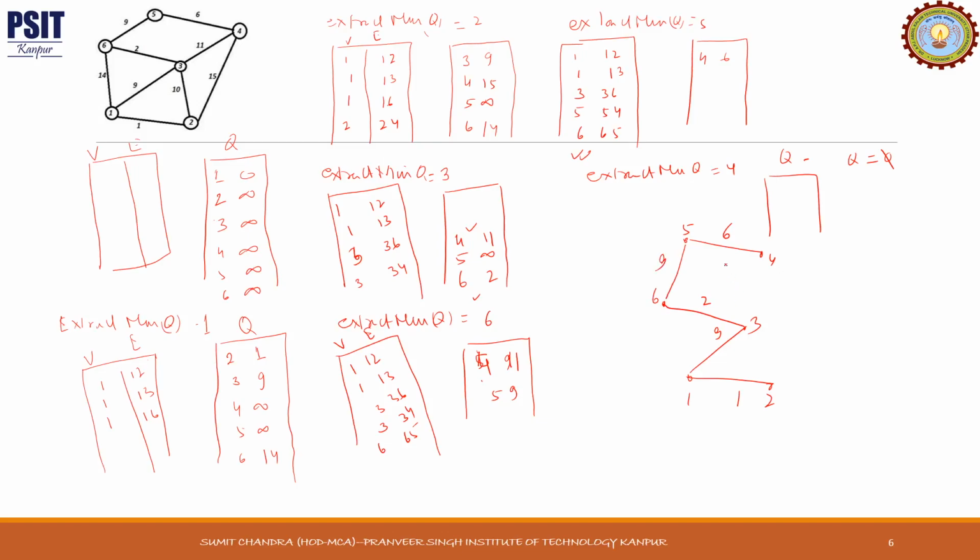Okay, so this is the minimum cost spanning tree, and the cost is 10, 12, 15, 9, 11, that is 27. So this is the cost of the minimum cost spanning tree.